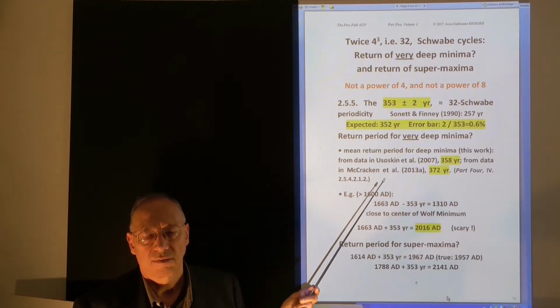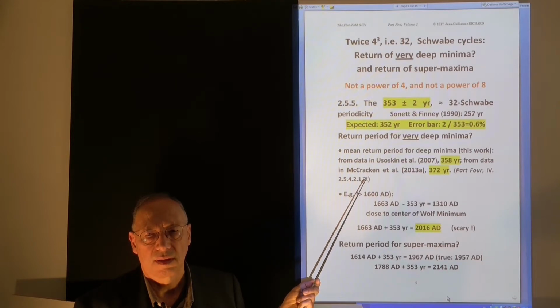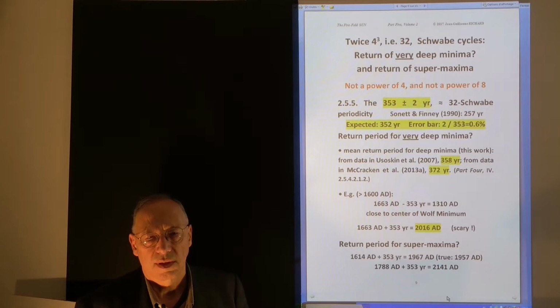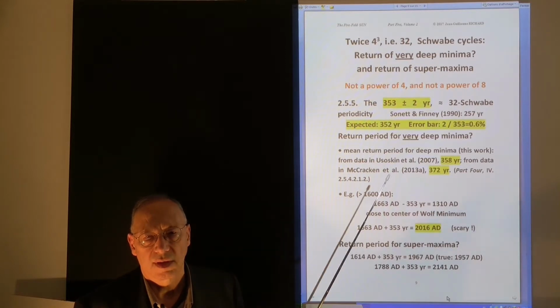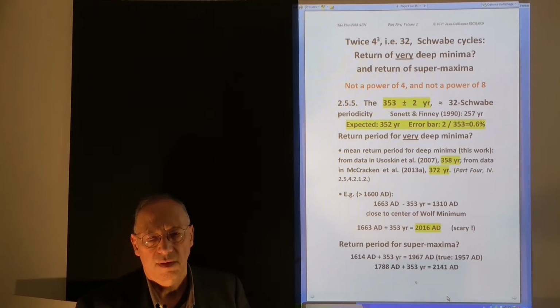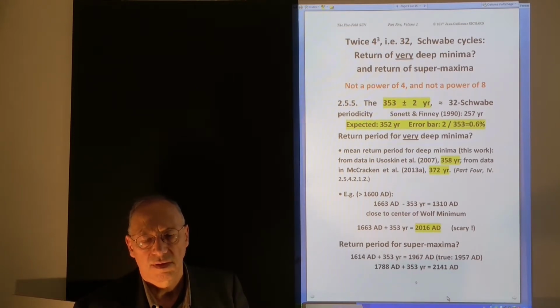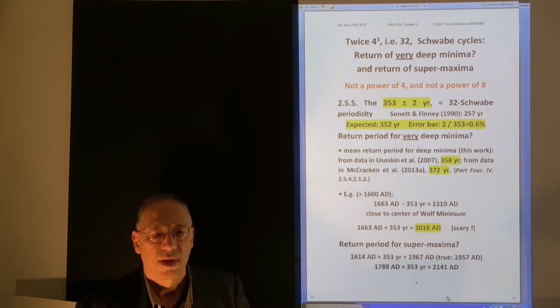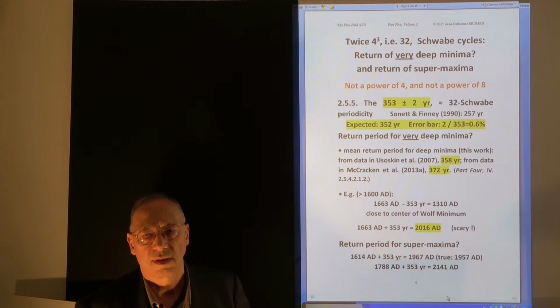Here again from the data of two teams can be computed a return period, in this case now a mean value, and we find 358 years or 372 years. These are values that were estimated in this project, that I assert are not given by the respective authors.